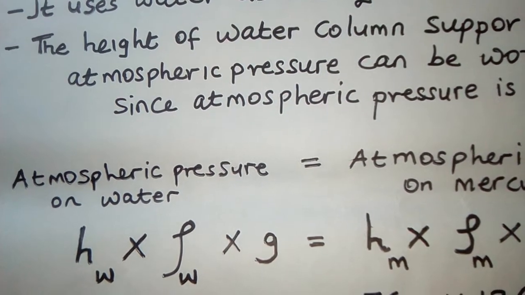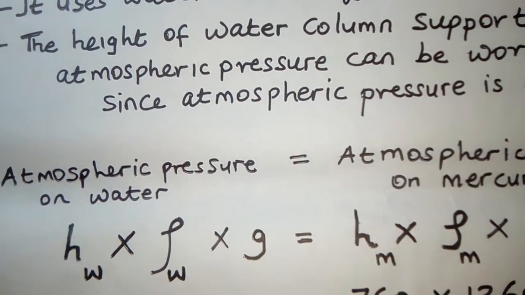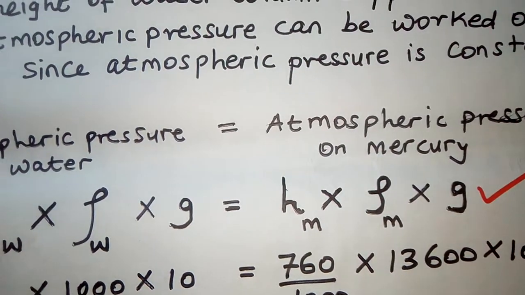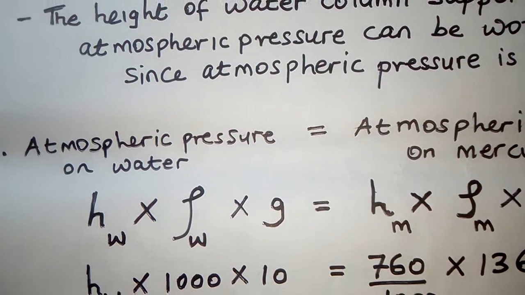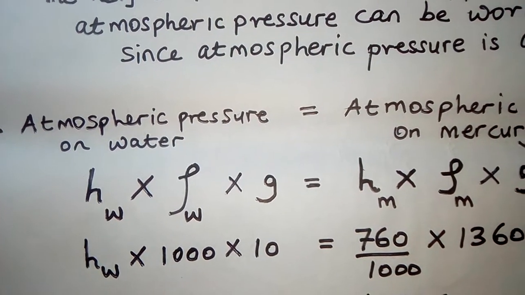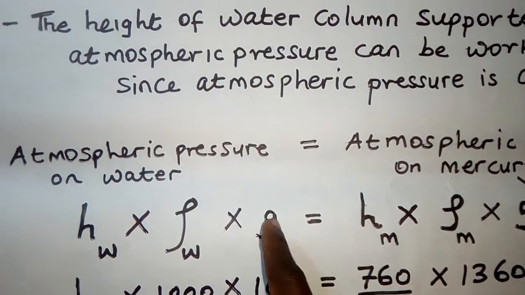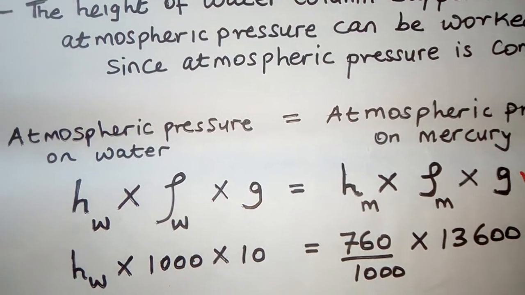Mercury being a liquid, pressure is given as H rho G. Water is also a liquid, so we shall also have H rho G. So you'll have H rho G equal to H rho G.